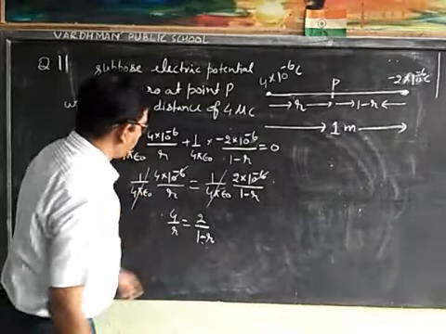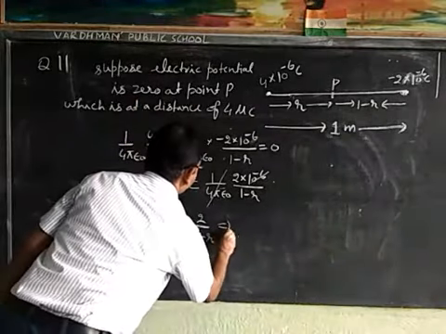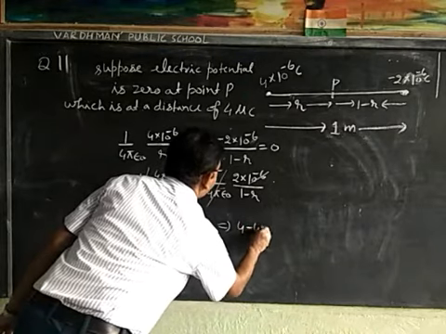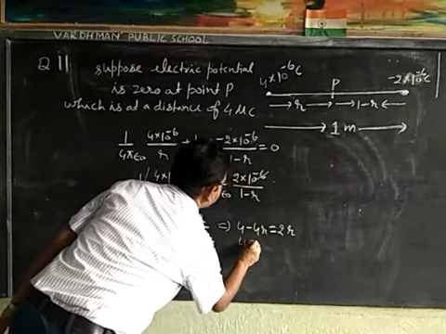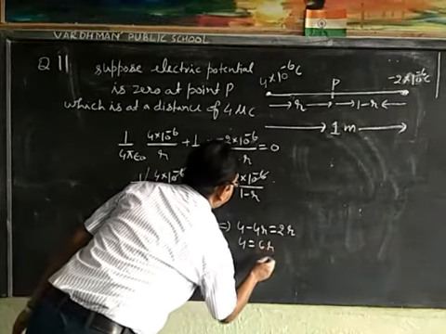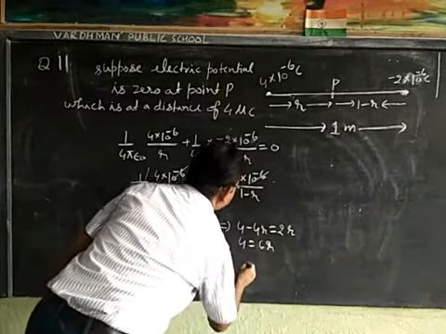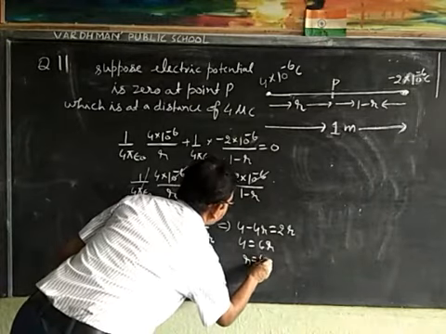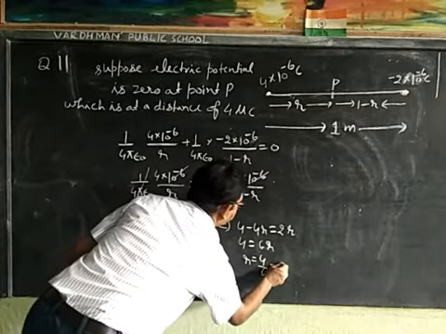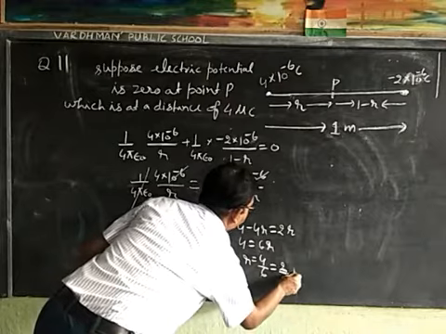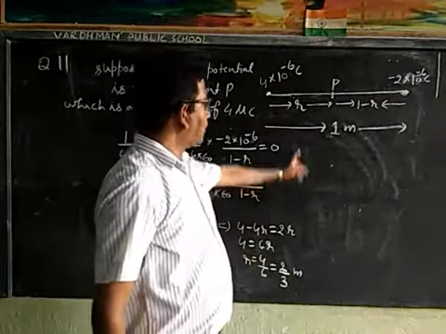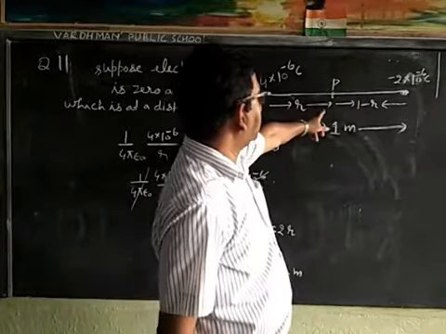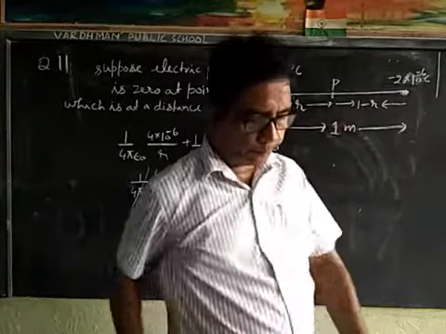Now we will cross multiply. 4 minus 4r is equal to 2r. 4 is equal to 6r. r is equal to 4 by 6, that is 2 upon 3. At a distance of 2 by 3 meter, electric potential is 0.